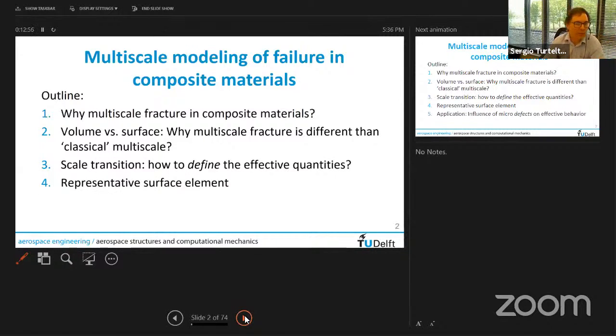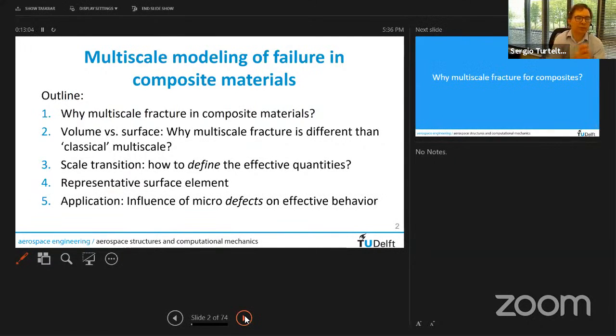And time permitting, and hopefully I will talk fast enough to finish all the slides, I will then show you an application of this methodology, which is why it is interesting to use multiscale, among other things in terms of studying effects of defects at the microscale, and how those defects affect the macroscopic behavior.